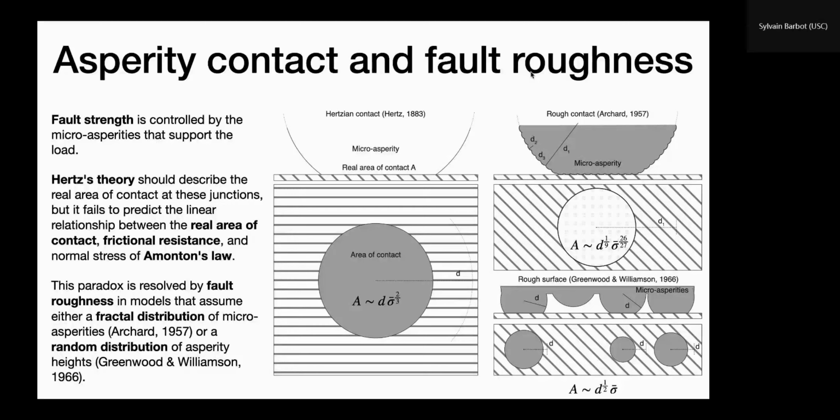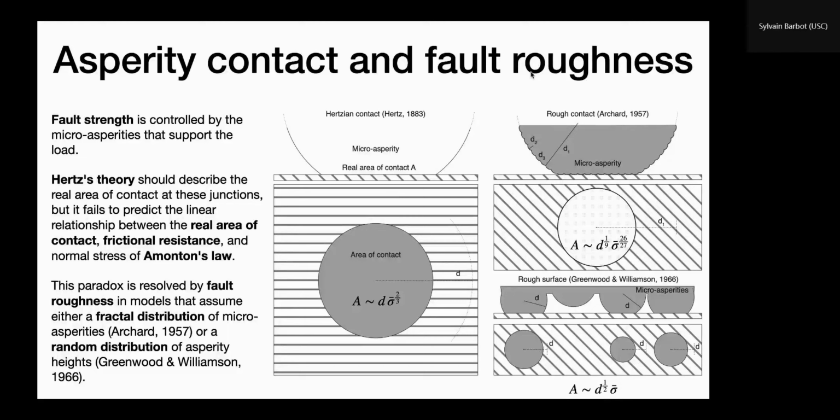There are two end-member models for this roughness. In the first one, described by Archard, the beads themselves have a fractal topography. There's a large scale radius of curvature, and then the contact is rough, and even the contacts themselves have a higher level of roughness, and this goes on forever, essentially.